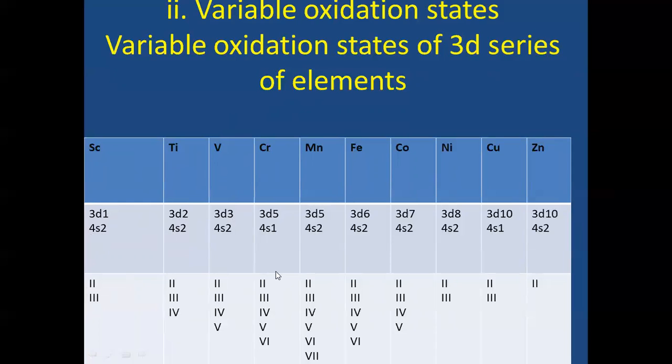This is called variable oxidation state: a particular element can exhibit different oxidation states in its different compounds. Chromium Cr +3, and Cr +6. Manganese +2, +3, +4 like that.